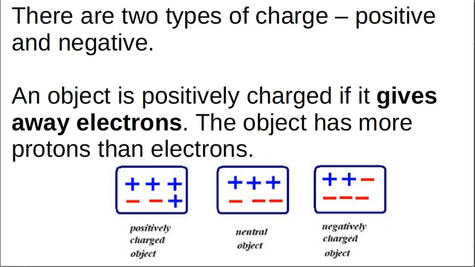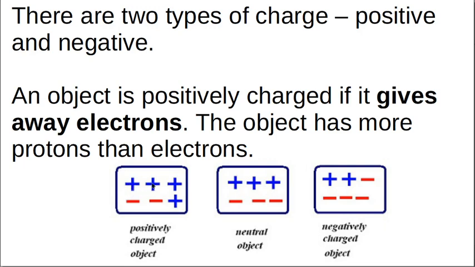So what happens is, obviously we're not going to draw 1,000,000 electrons and 1,000,000 protons. If you look at this neutral object, we have 1, 2, 3 positive charges, 1, 2, 3 negative charges. This is a neutral object. There are equal numbers of positive and negative charges. This object, on the other hand, is positively charged.